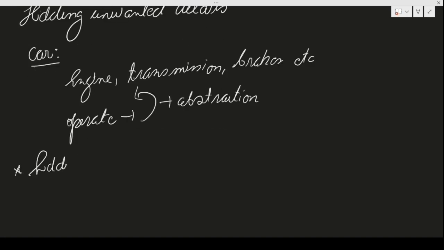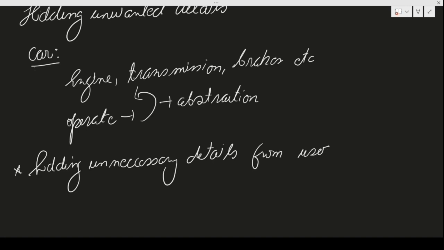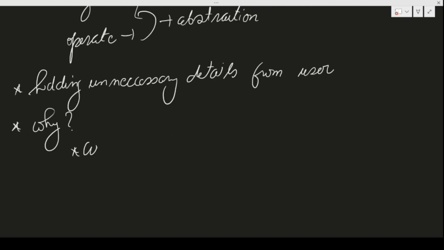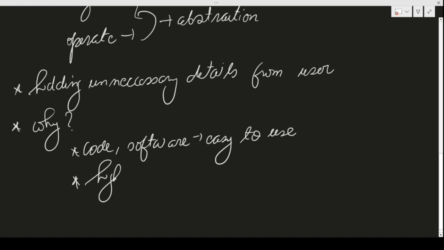Abstraction is nothing but hiding unnecessary details from the user. So we will understand why this is useful. This makes your code or software easy to use. This will in turn make it highly usable.